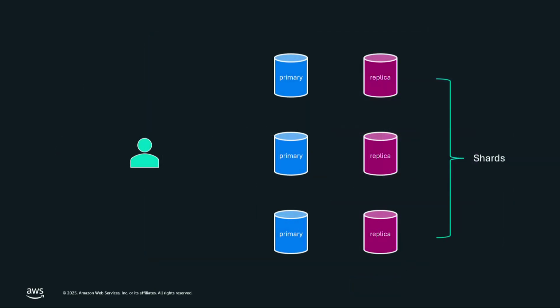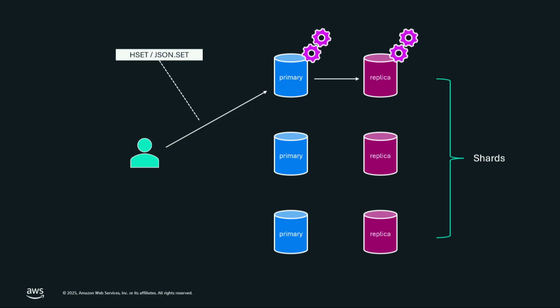Let's talk a bit about scaling, because it's a little bit different than what you're used to with Valkey, if you're a Valkey user. So when you ingest information, you send a modification to a particular primary in a particular shard. That primary does the work of ingesting and updating the index, and asynchronously updates the replica, which also indexes the information.